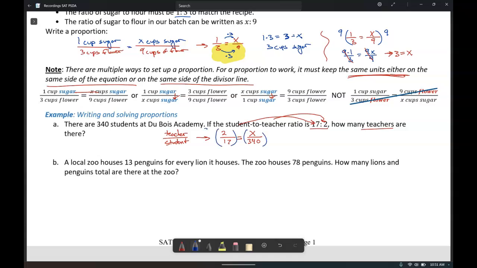So we multiply both sides by 340. And when we simplify, we find that we get 20 times 2 equals x. 340 divided by 17 simplifies to 20. We multiply it by 2, and we get x. So there are 40 teachers at the school.